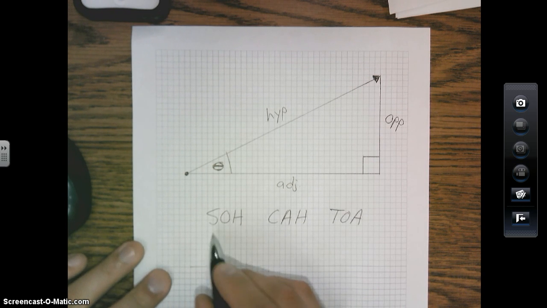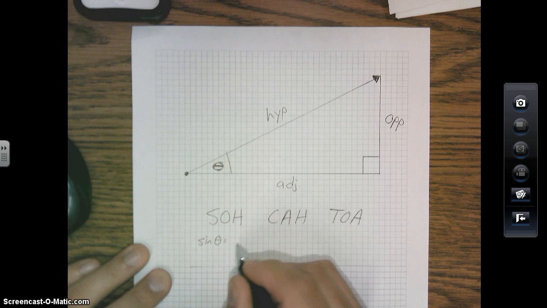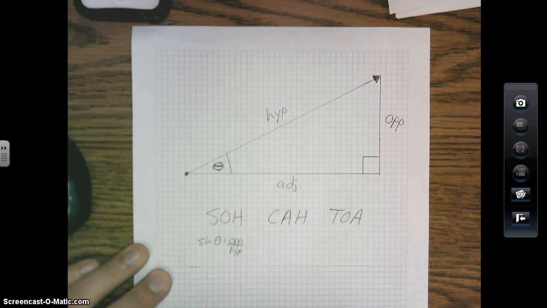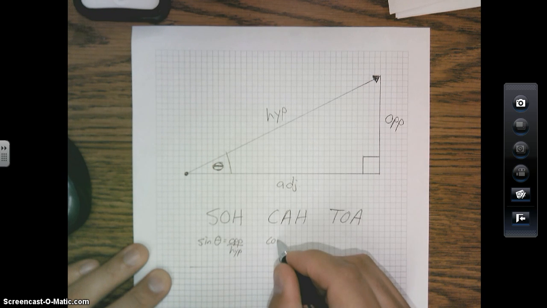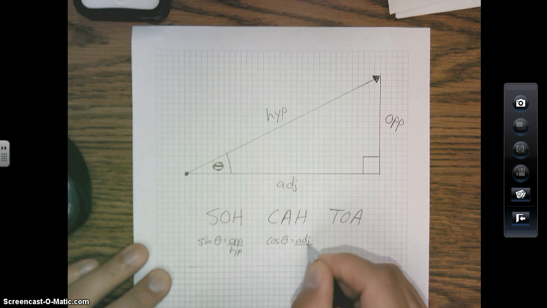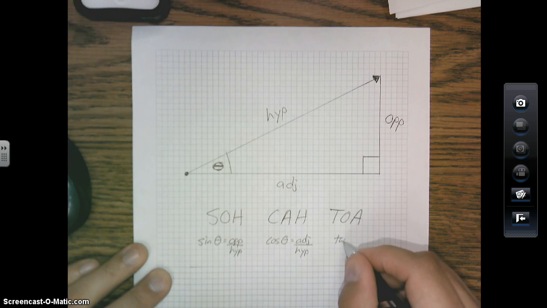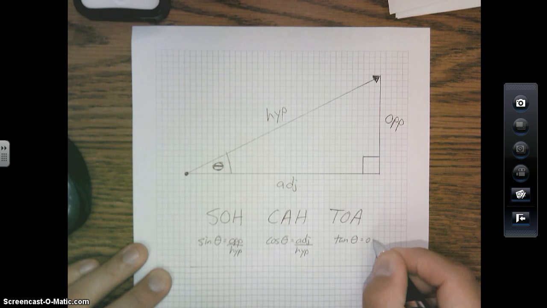So sine of theta is the opposite side divided by the hypotenuse. CAH would be the cosine of the angle is the adjacent side divided by the hypotenuse. And then the tangent of theta is the opposite over the adjacent.